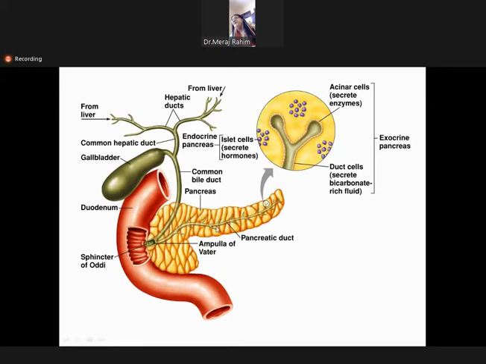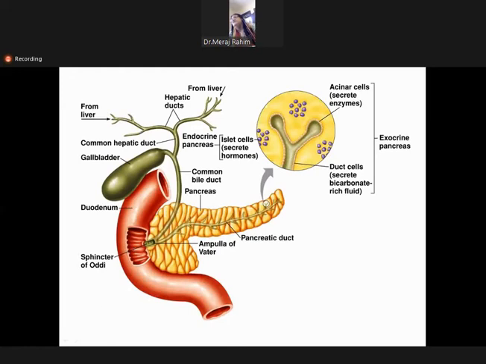And this is the pancreas in the C-shaped structure, which contains the head, the body and the tail, and this is the pancreatic duct. They together unite, and the sphincter which controls this is the sphincter of Oddi. Okay, so the secretions of the pancreas and the secretions of the liver together support digestion, secretion, and absorption within the GIT.